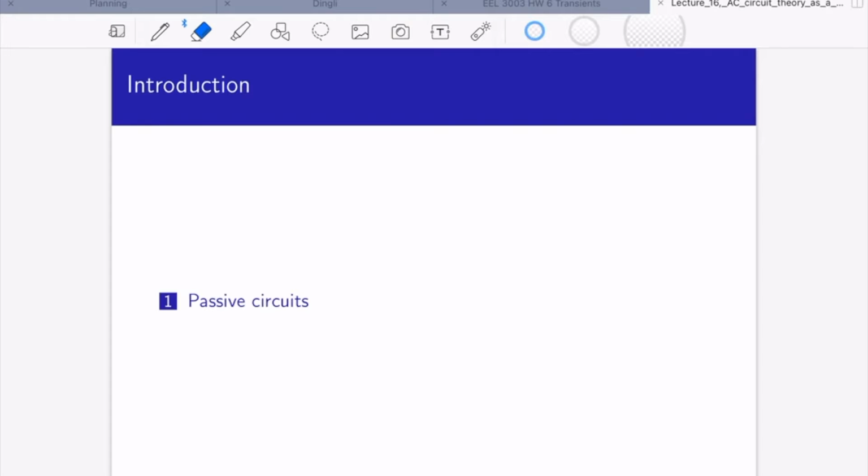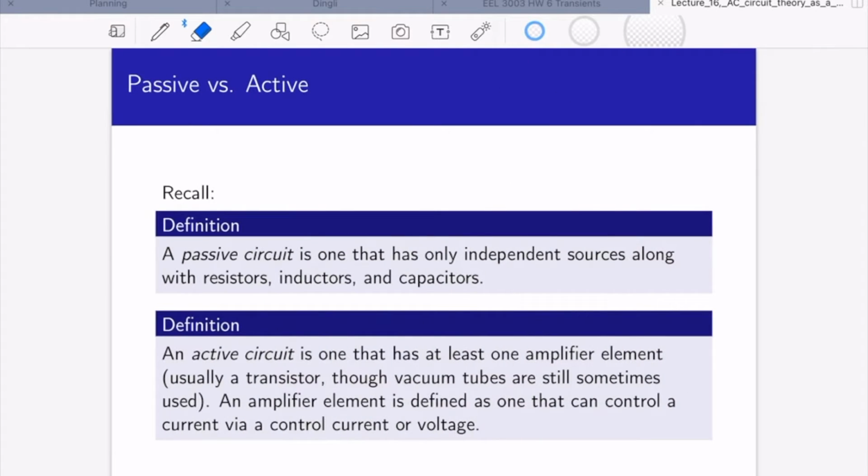Let's review passive circuits. Recall that a passive circuit is a circuit that has only independent sources, either independent voltage sources and/or independent current sources, along with resistors, inductors, and capacitors. An active circuit, on the other hand, is a circuit that has at least one amplifier element.